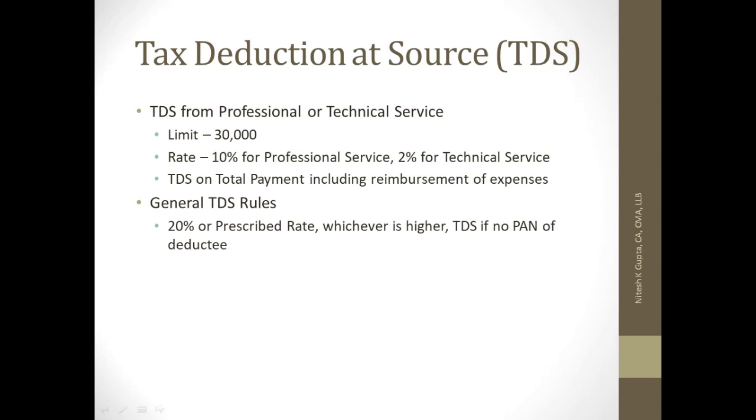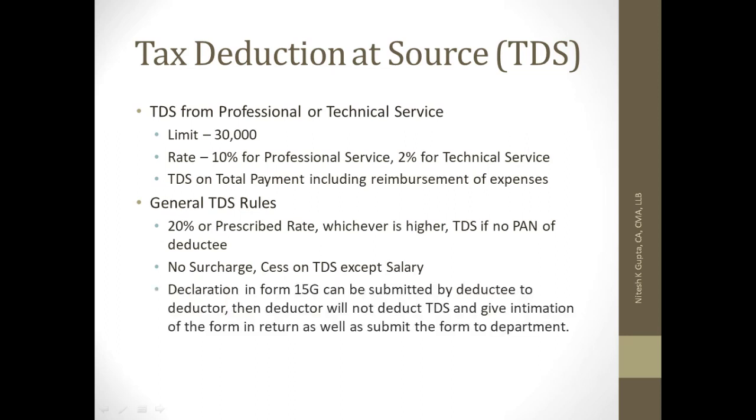So if someone does not give me a PAN, in that case 20% or the prescribed rate, whichever is higher, will be applicable. There will be no surcharge or cess on TDS, like this 10% rate is a flat rate, 2% rate is a flat rate, except salary. We have already discussed salary, that's an actual tax. Surcharge, cess, everything will be applicable.